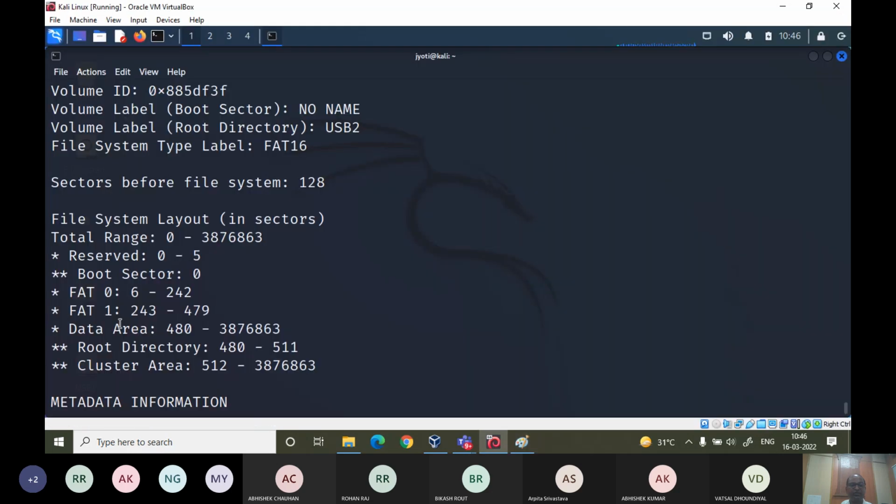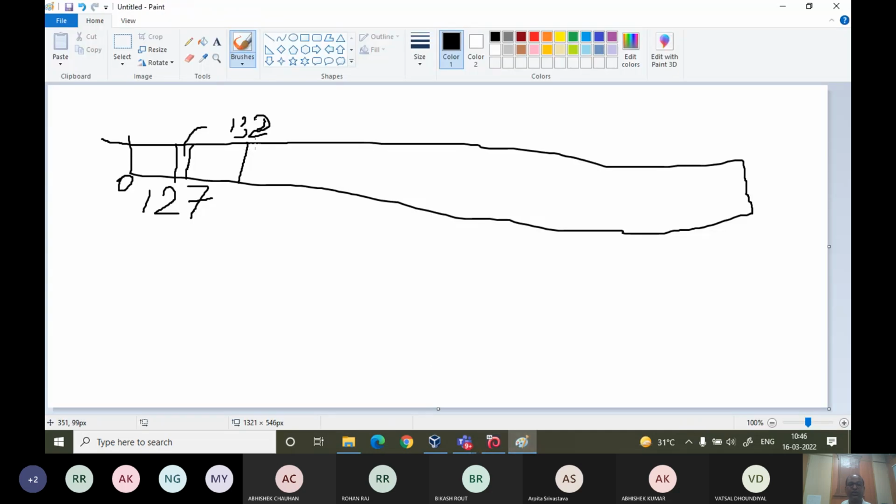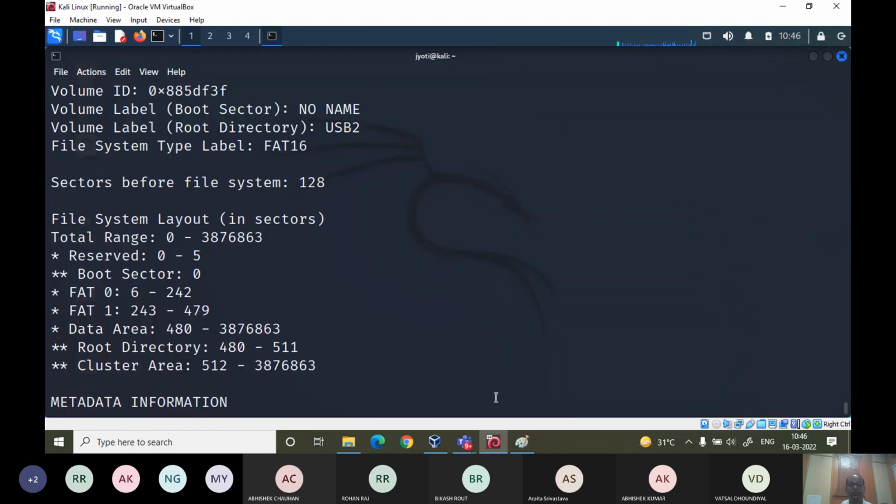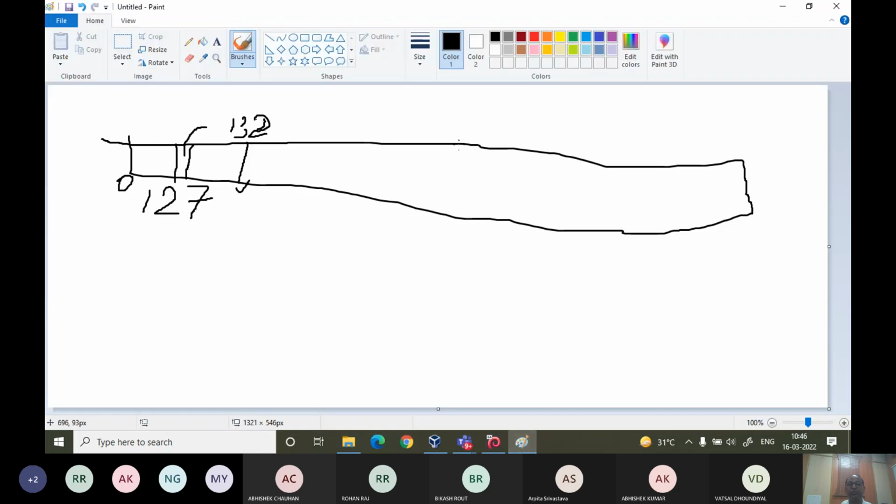Then next, you can see we have FAT 0 and FAT 1. Now what is FAT basically? Starting from this place, up to 242, we have FAT 0. I will come to what is in FAT 0.